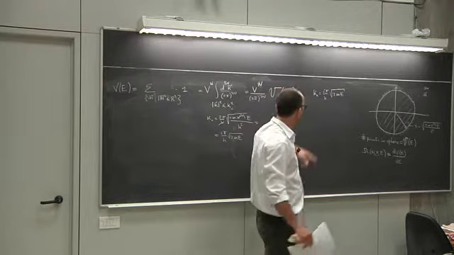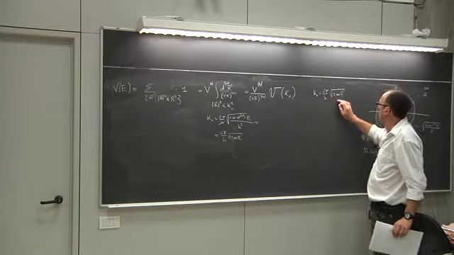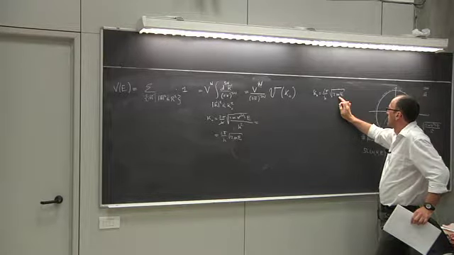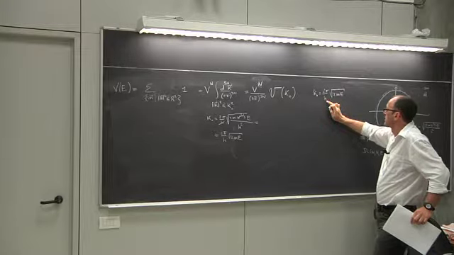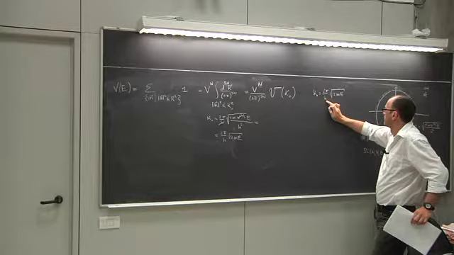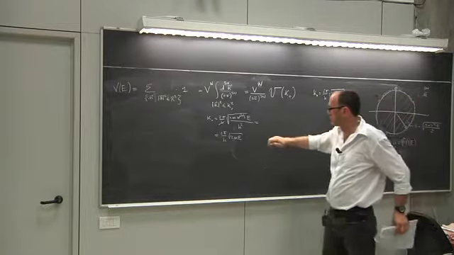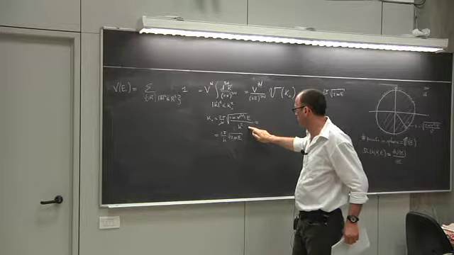So this is energy times mass divided by h squared. The square thing is just a unit of length because it's r.